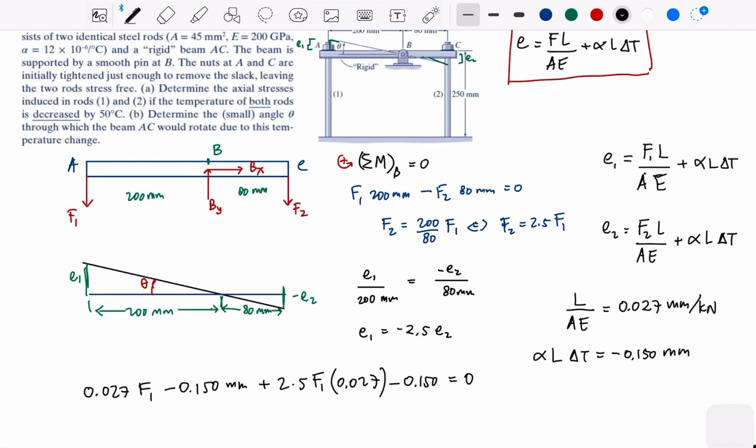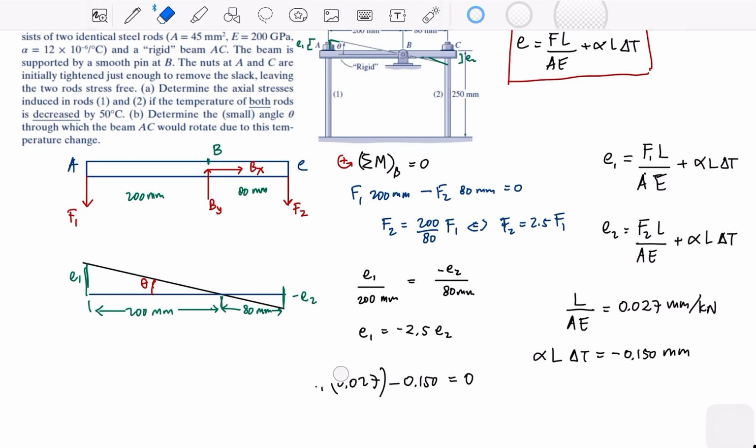Oh wait. I think it should be 2.5. Yeah. Multiply, right? Maybe let me write with the symbols first, okay, to make sure that we are clear.